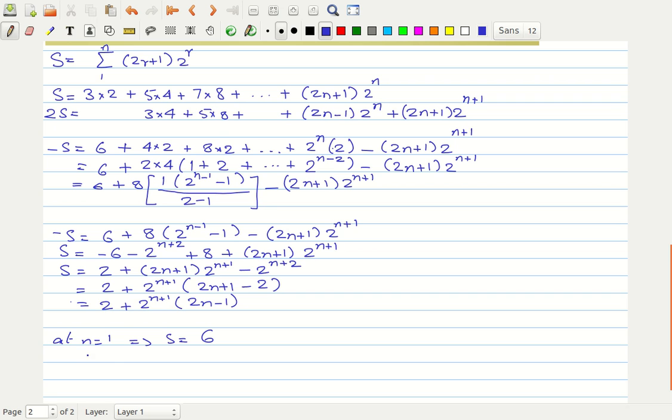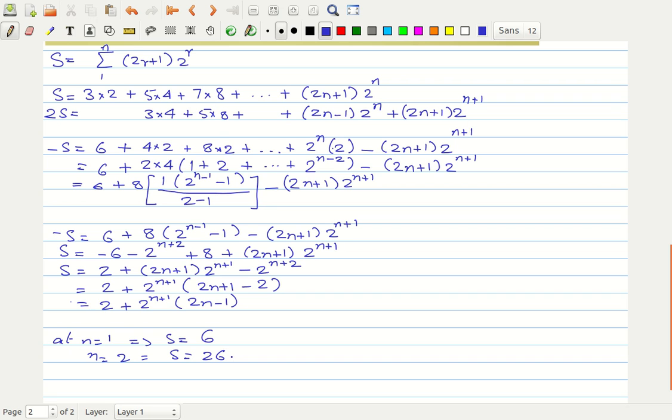right? At n is equal to 2, this will be equal to 2 plus 2 to the power 3, which is 8, and then 2 times 2 is 4, minus 1 is 3, so 3 times 8 is 8 times 3 is going to be 24, wait a minute, 2 to the power n plus 1 is 8, times 3 is 24, 24 plus 2 is 26.